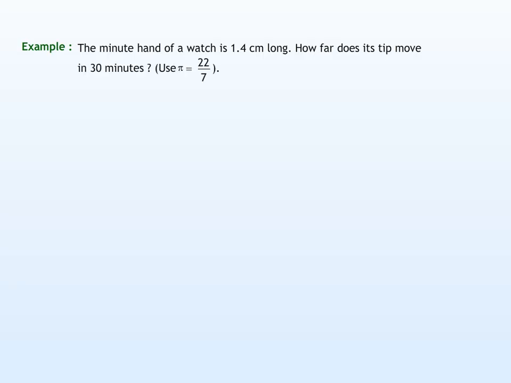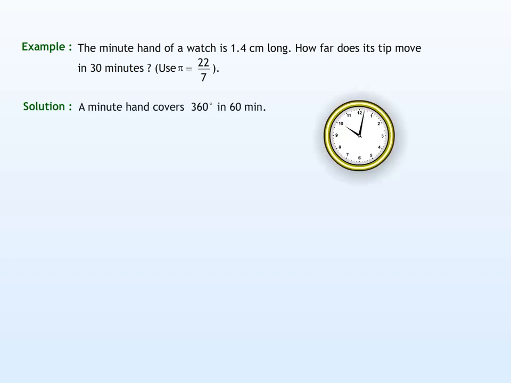Example 4. The minute hand of a watch is 1.4 centimeters long. How far does the tip move in 30 minutes? Use pi as 22 by 7. A minute hand covers 360 degrees in 60 minutes. Therefore, 60 minutes is equal to 360 degrees.